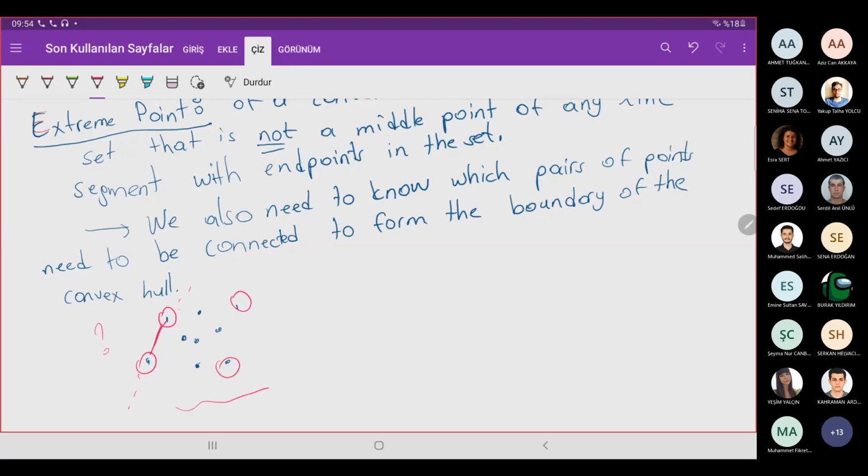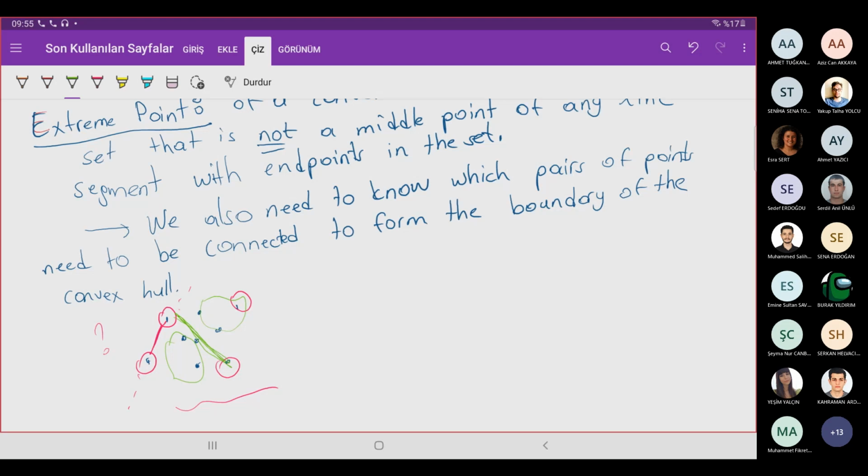But if I connect these two, they are still both extreme points, but some of them are here, some of them are there. So I cannot say this for any two pairs. I also need to find which of them I should connect, which means that I need to find an ordering, okay?